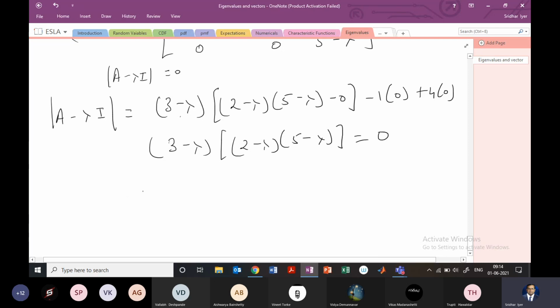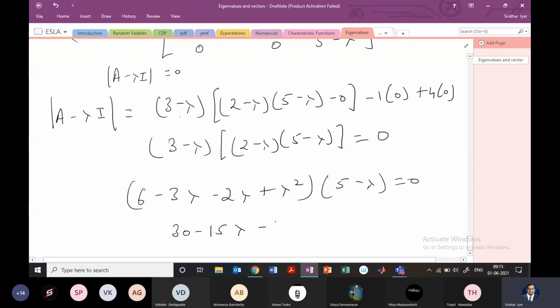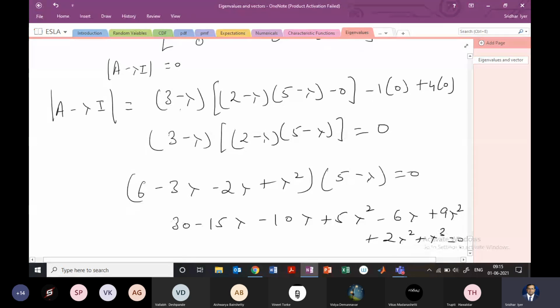So here we get 6 minus 3 lambda minus 2 lambda plus lambda square into 5 minus lambda equal to 0. So doing the calculation, 30 minus 15 lambda minus 10 lambda plus 5 lambda square minus 6 lambda plus 3 lambda square plus 2 lambda square minus lambda cube is 0.